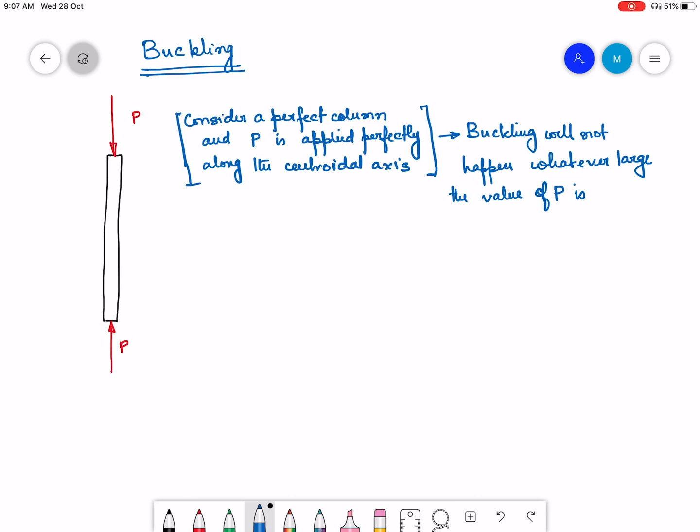If I have such a perfect column and I keep applying an axial compressive load perfectly along the centroidal axis, so that there is absolute symmetry in the whole process, and the column is slender, I have no issue with that. So for a perfect slender column, if I keep increasing P, there is not going to be any buckling, however large P is.